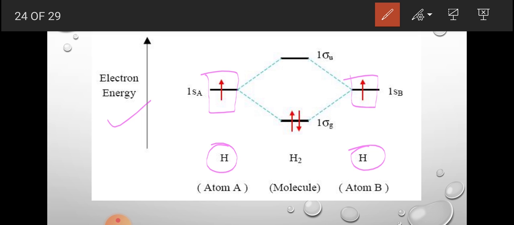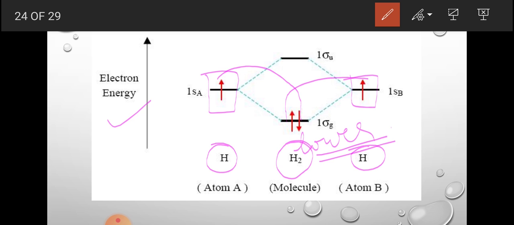Whatever the rules were there, the same will be followed here. One electron goes to the bonding orbital because it has lower energy. The second electron will also move here because of its lower energy. And here your hydrogen molecule is formed.